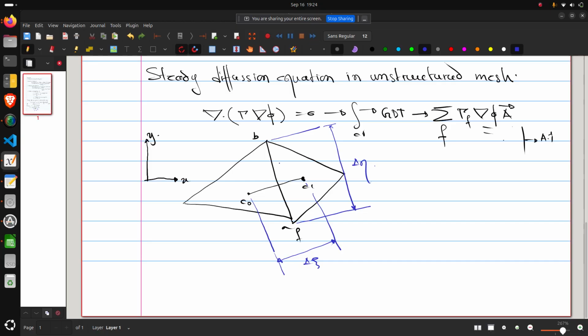So one thing to note is that the line joining the two cell centers and the face is not perpendicular. It might look perpendicular. Okay, let me just draw it in a way so that it does not look perpendicular. Or I can just change the cell centers here.